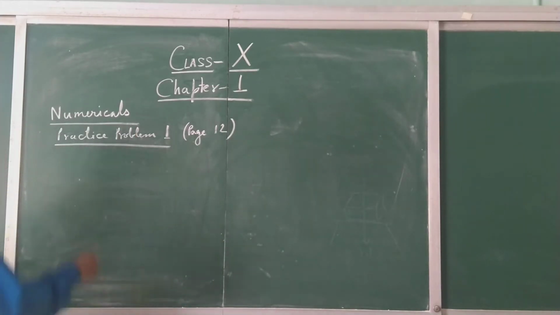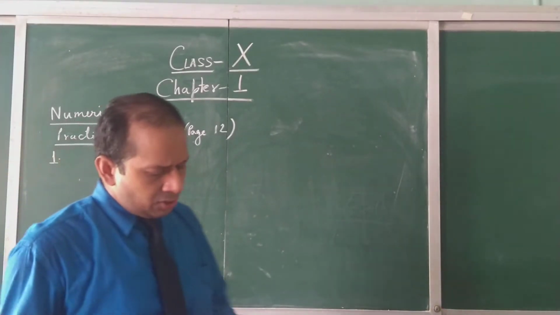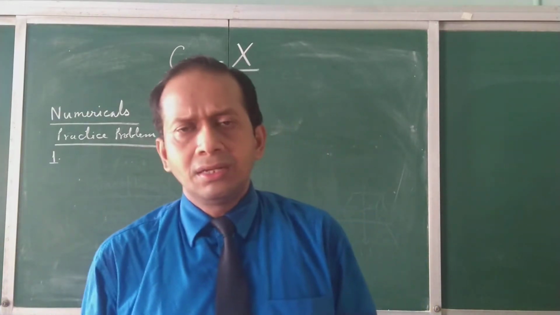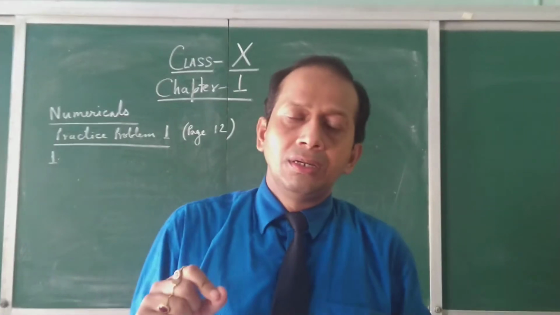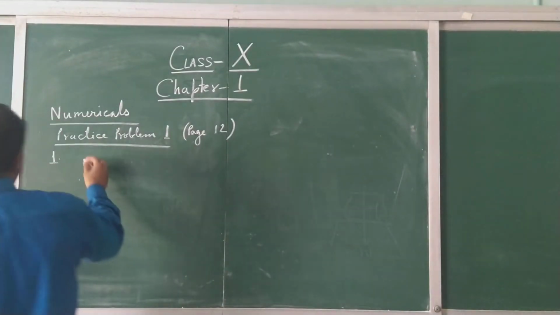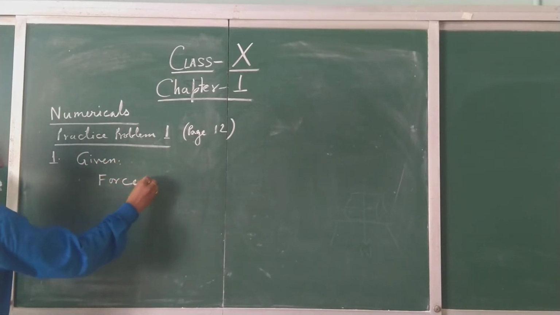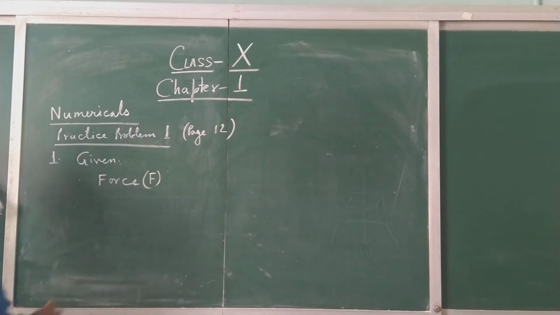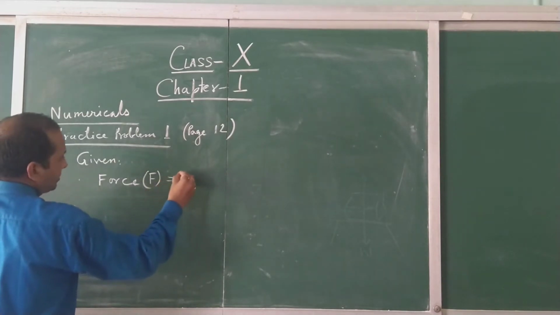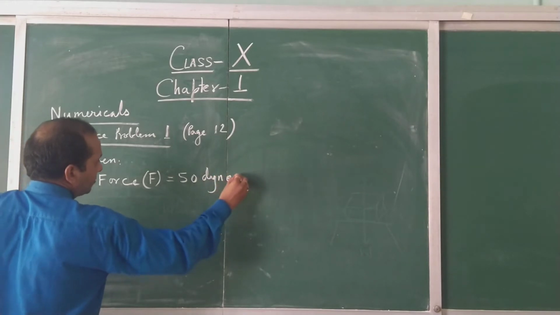So the first question, children, listen carefully. A force of 50 times. As you read, write down what things are given. Given here: force F is 50 times.